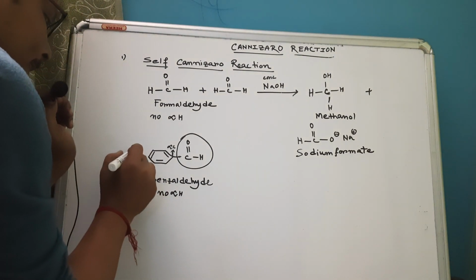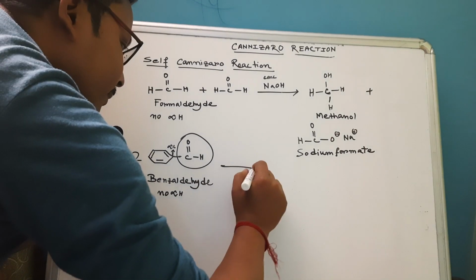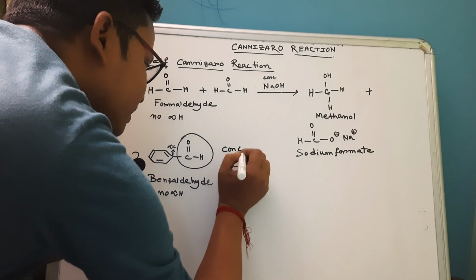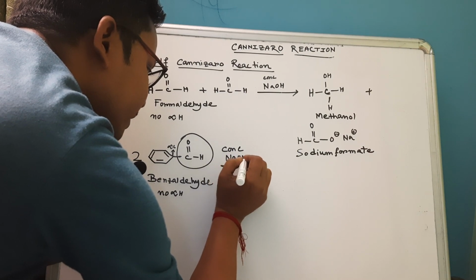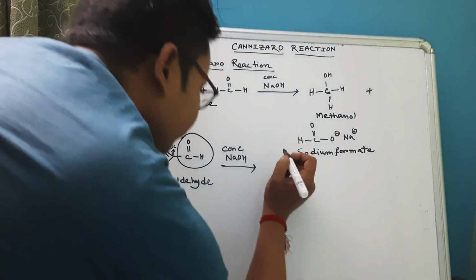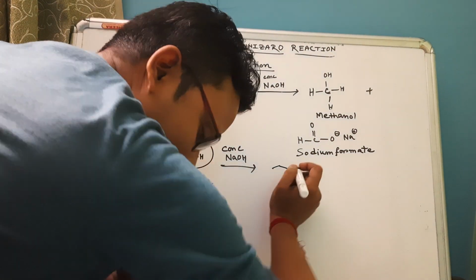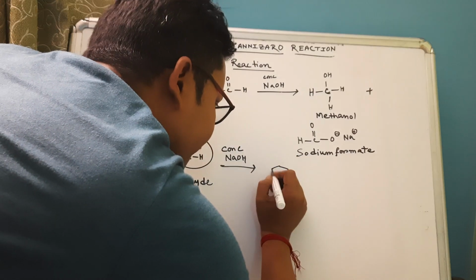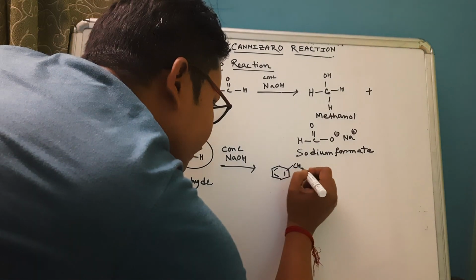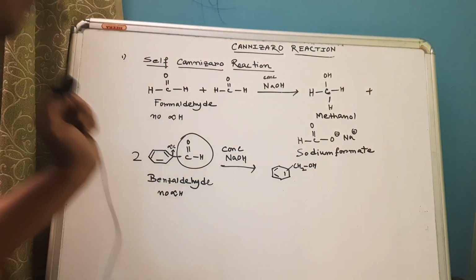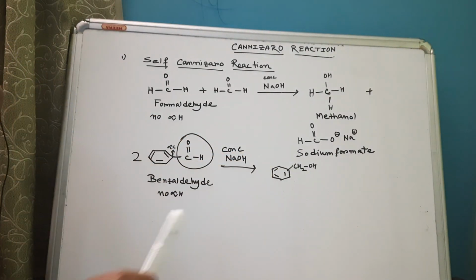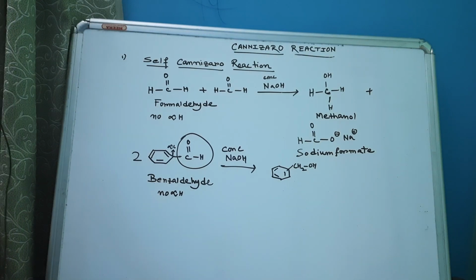So two molecules of benzaldehyde will react in the presence of concentrated sodium hydroxide, and among these two molecules of benzaldehyde, one molecule will be converted to CH2OH. Students often attach this OH directly to the benzene ring, the phenyl ring, and give phenol.